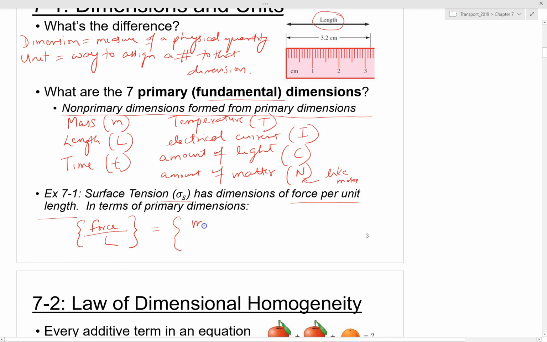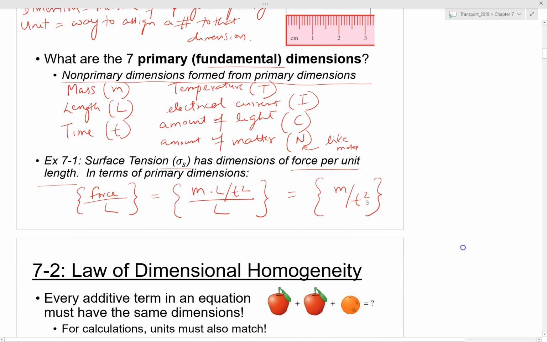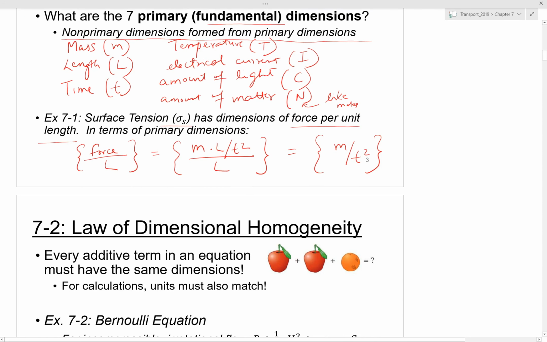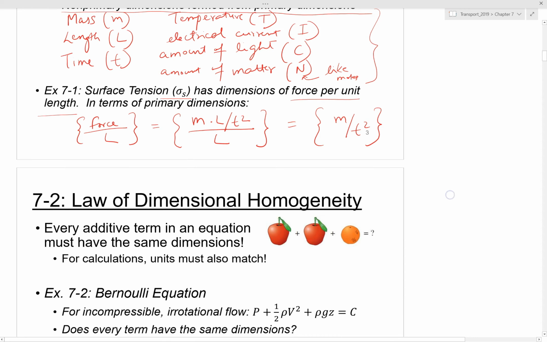So force is M L over T square. Okay. So this is how we use the 7 primary dimensions to deduce non-primary dimensions.